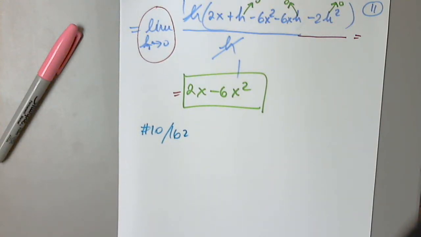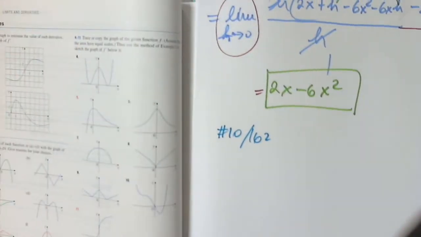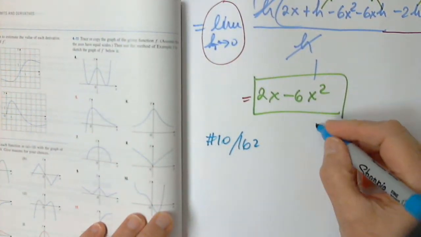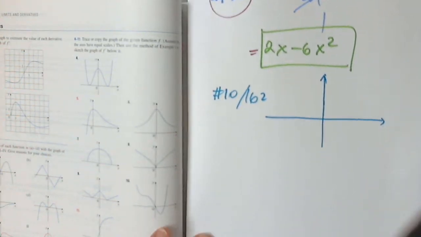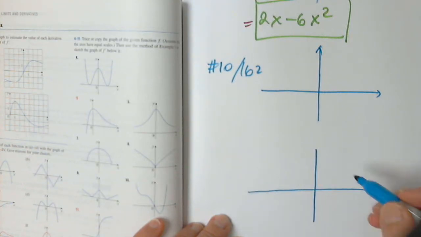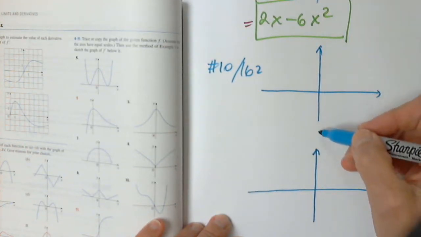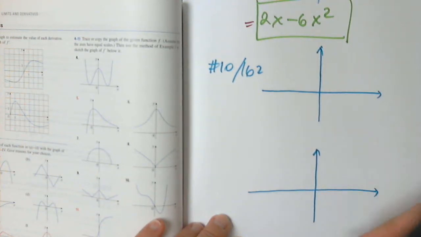Allow me to give it the best shot. Make sure that you draw identical axes, one under the other, because I'm going to use the same x values, the same x on both sides.